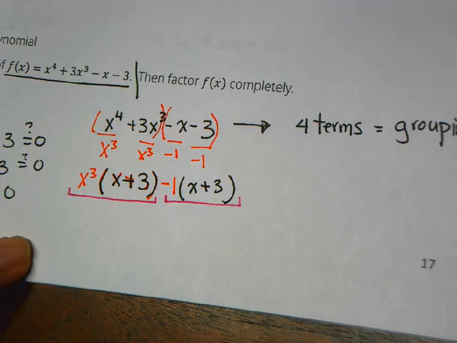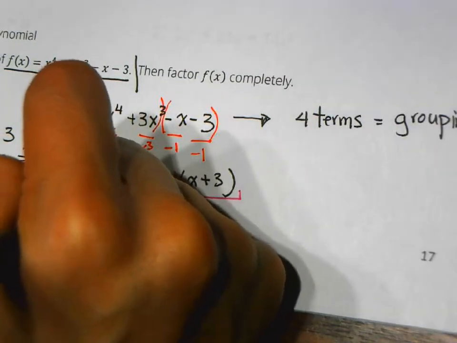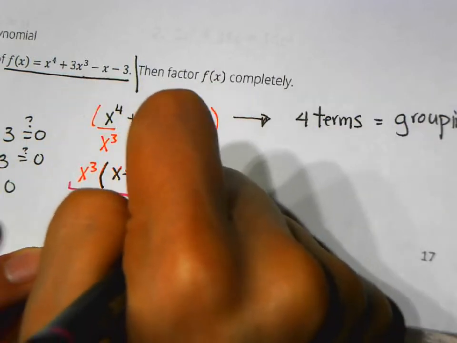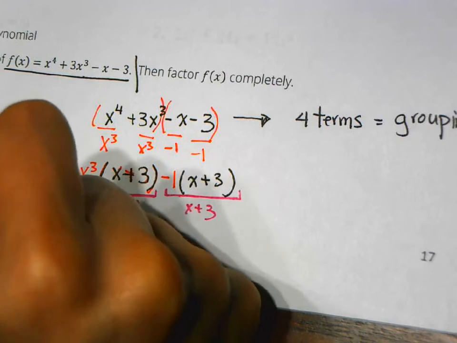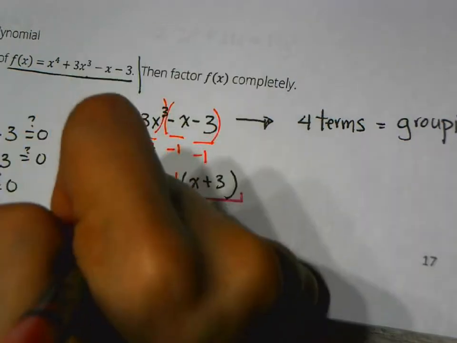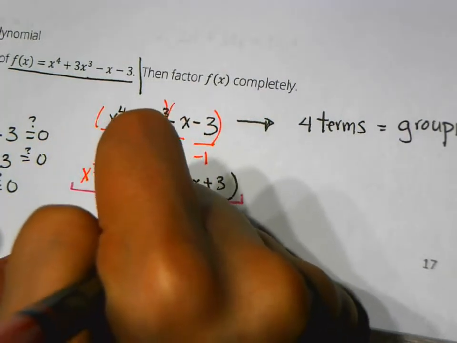Both of these terms have x plus 3 in common. So I'm going to factor out my x plus 3, and I get x plus 3 times what's left over: x cubed minus 1.